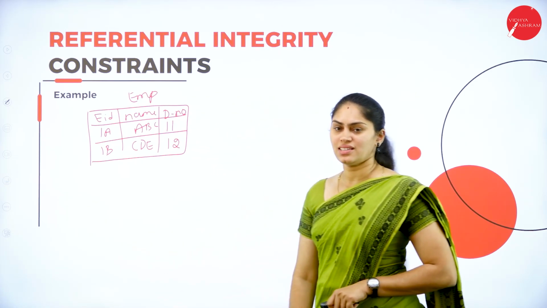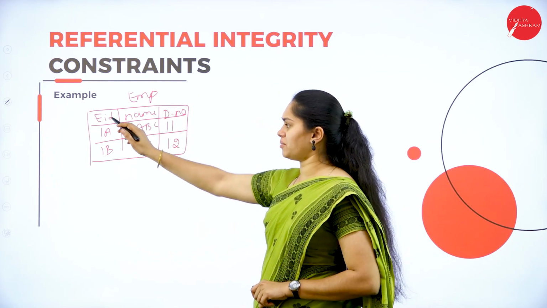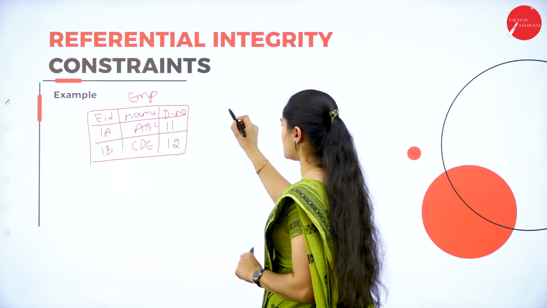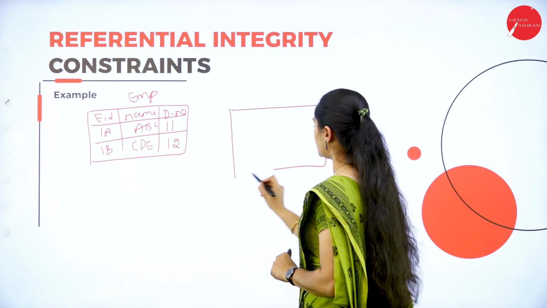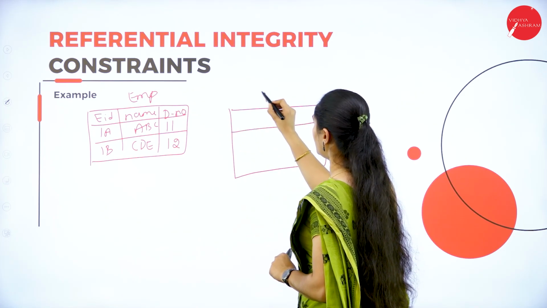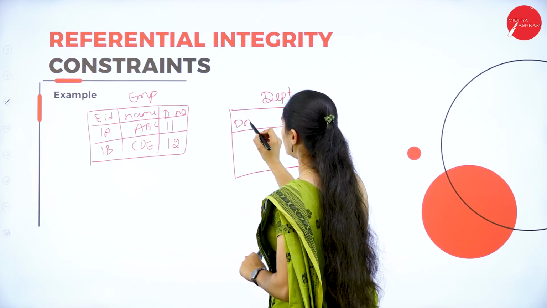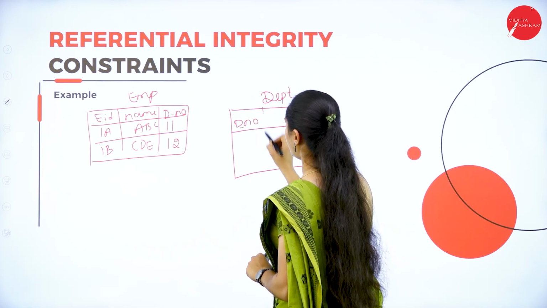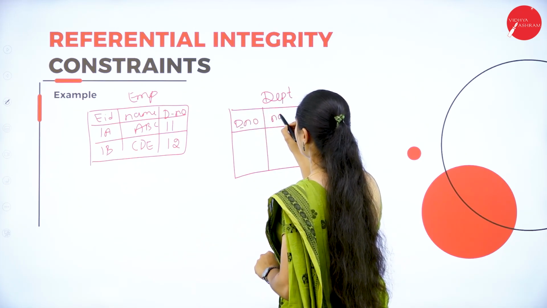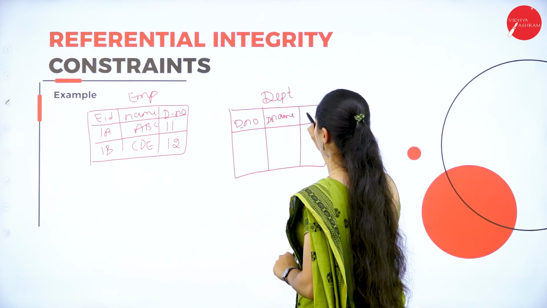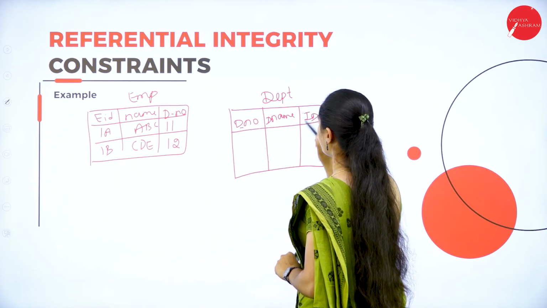What is the table name I have? I have the employee table that comprises employee ID, name and D number. Let me consider one more table, department, with department number and department name, and also ID.